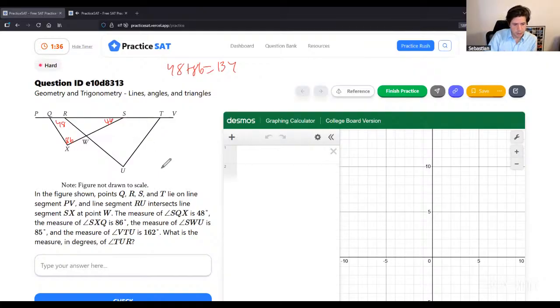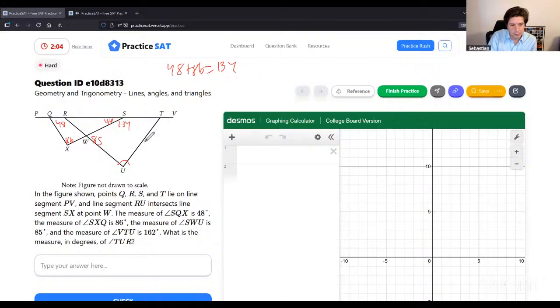Okay, so what is the measure in degrees of TUR? So this is what I'm looking for. SWU is 85. That makes this angle here 134 because of the interior angle theorem: it's equal to the two angles in the triangle outside it.